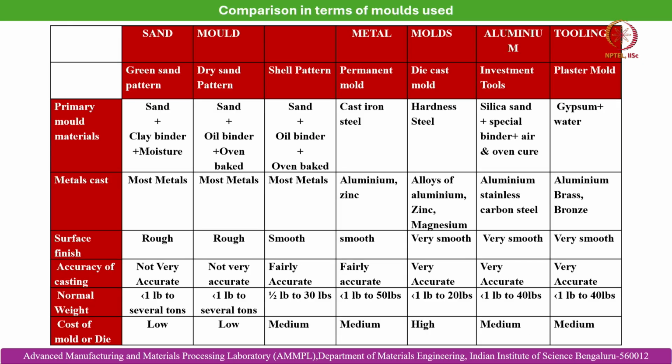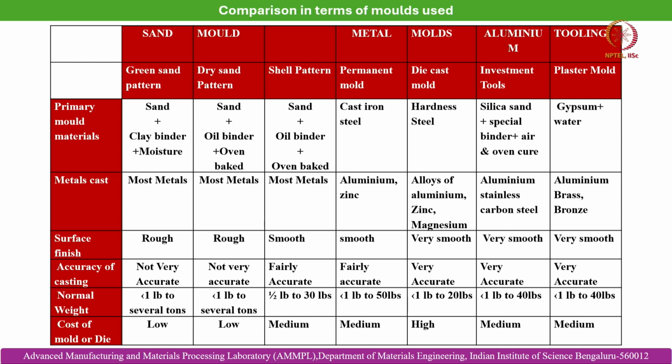With this we have discussed some important casting processes. Now we will discuss the different kinds of molds that we generally use for casting melts. The mold material varies from sand to metal.